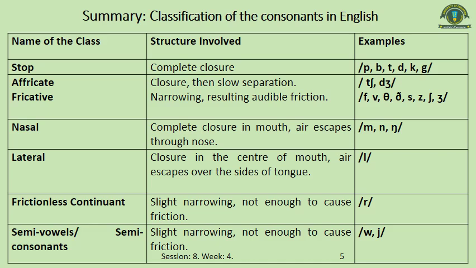The next class is lateral. Closure in the center of mouth, air escapes over the sides of tongue, as I told you already, and the sound is l. The next is frictionless continuant. Slight narrowing, not enough to cause friction, and the sound is r.